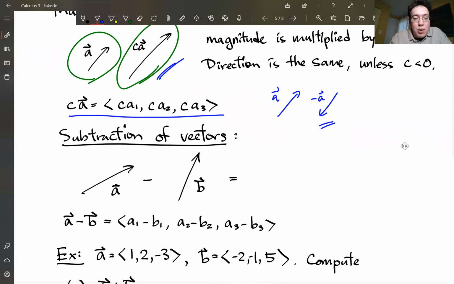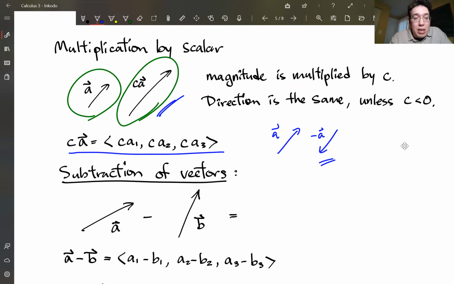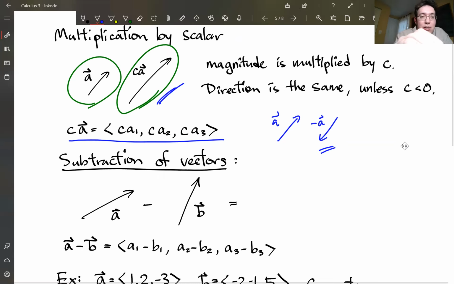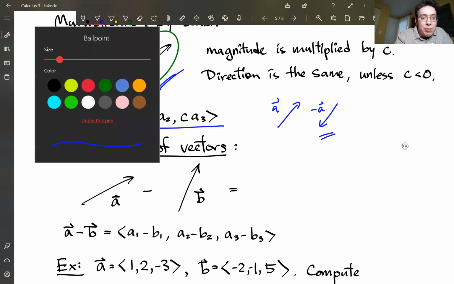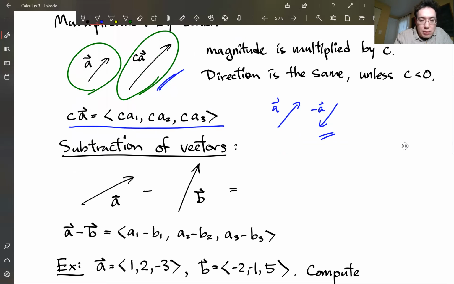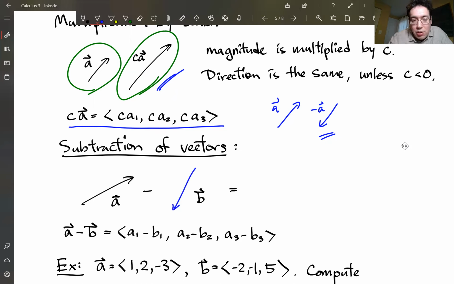Okay, so once we understand multiplication by scalar and how to add things, we could do subtraction of vectors as well, right? So if I want to subtract b from a, what we could do is switch the direction it's pointing, but then now the negative becomes positive.